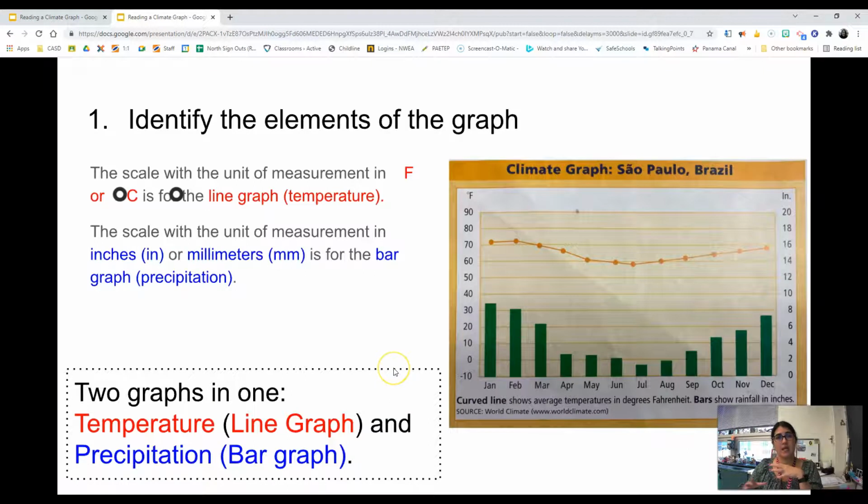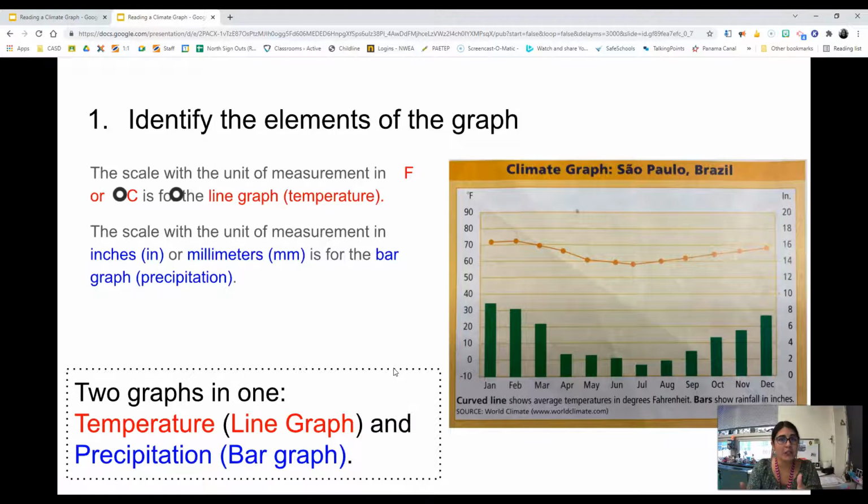The first step in looking at your climate graph is identifying the different elements of a graph. This is very important. The very first thing that you should notice on any graph, or any map, is the title, because the title tells you what you are looking at.